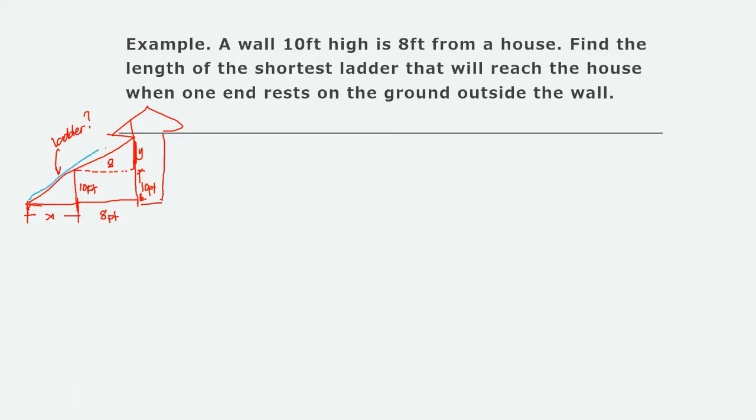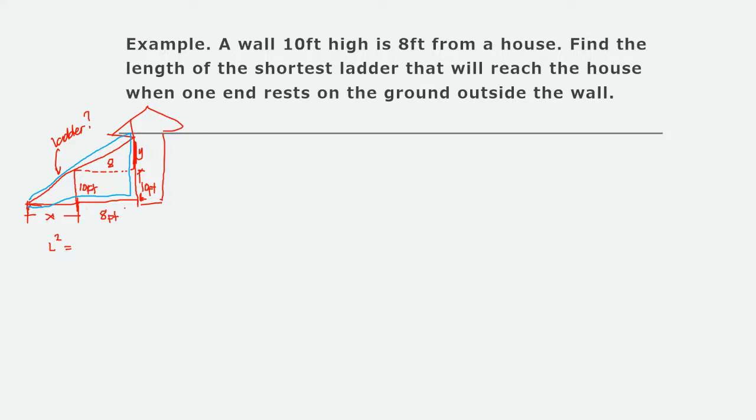So we can use the Pythagorean formula. The ladder is the hypotenuse, so L squared is equivalent to a squared plus b squared.